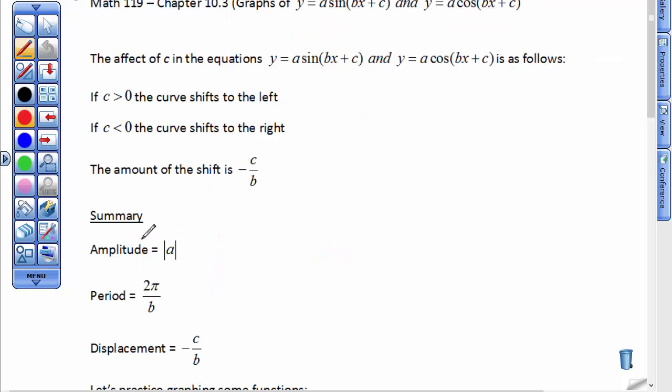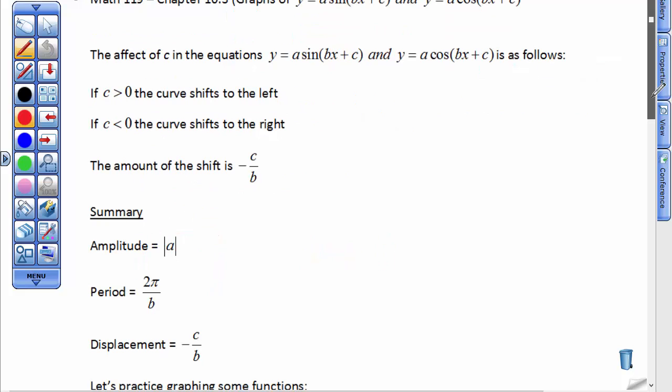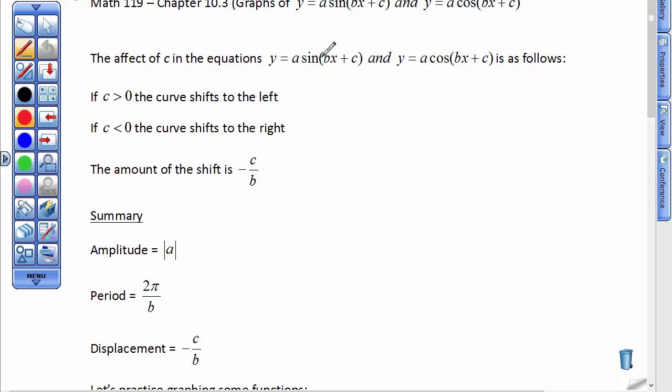So let's come on over to the next page. If I have y equals a times the sine of bx plus c, and it doesn't matter if it's sine or cosine, if the c value is greater than 0, or there's a positive sign right there, the curve shifts to the left. So if this is positive, I go left. If c is less than 0, so say this was a minus sign right here, then the curve would shift to the right.